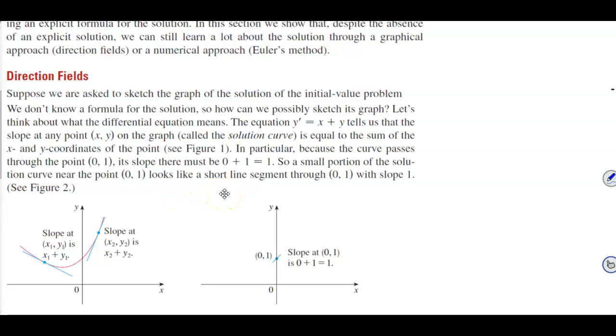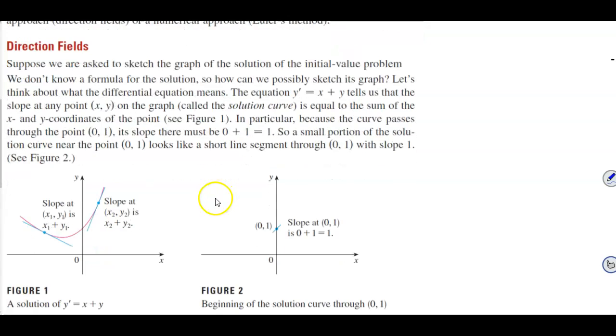The equation y prime equals x plus y tells us that the slope at any point (x, y) on the graph, called the solution curve, is equal to the sum of the x and y coordinates, and you can see that from figure 1. So here we have point (x1, y1), and there's your slope. And then we have another point, (x2, y2), which is the slope. So we've created these two lines. And again, it's going in the direction of what that slope is.